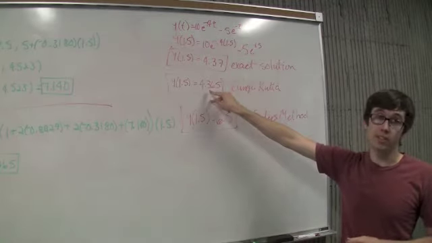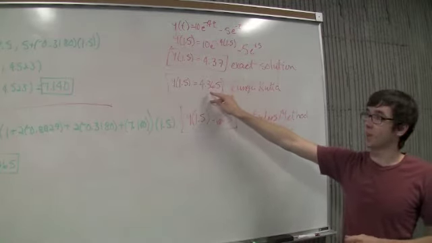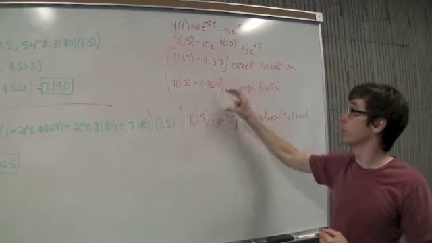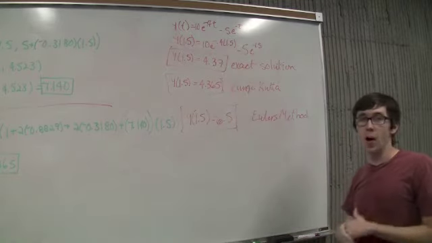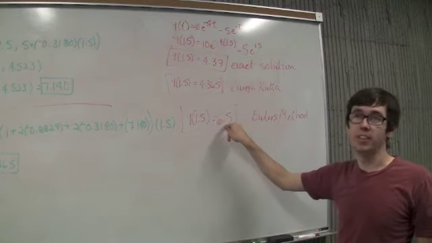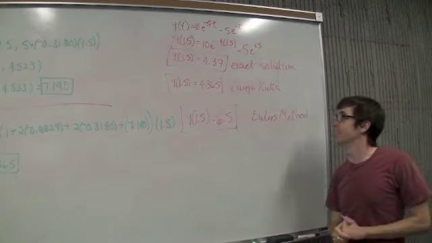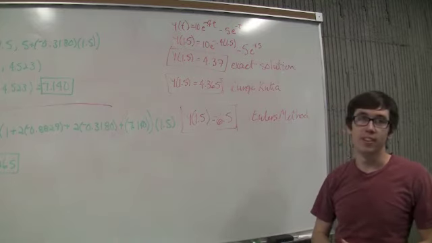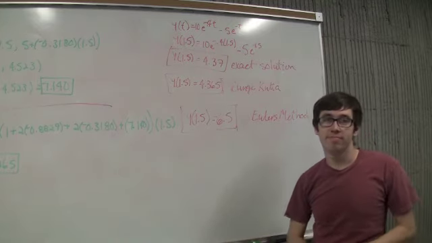Runge-Kutta gave us 4.365, even with the step size of 1.5, so that's really close. Euler's method, however, with the same step size, gave us 6.5, which is not close at all.